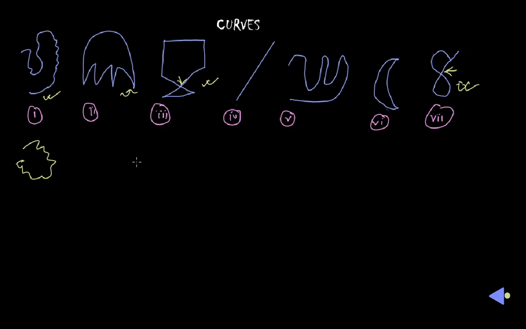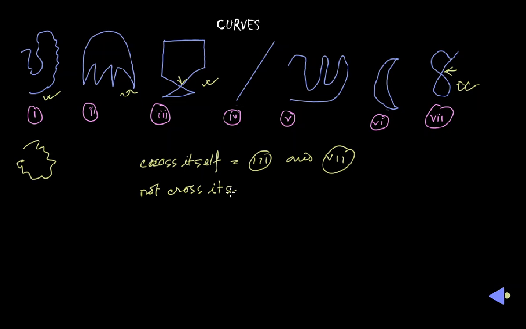So we have two types of curves here. One crosses itself, that is number 3 and number 7. Those cross themselves, and the rest of the curves do not cross. That is 1, 2, 4, 5 and 6.